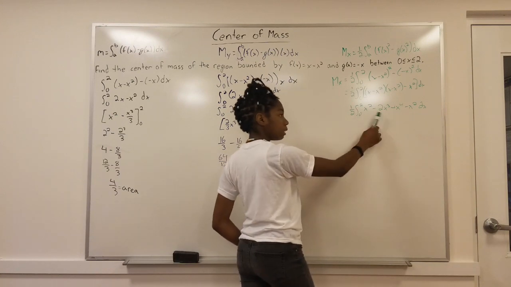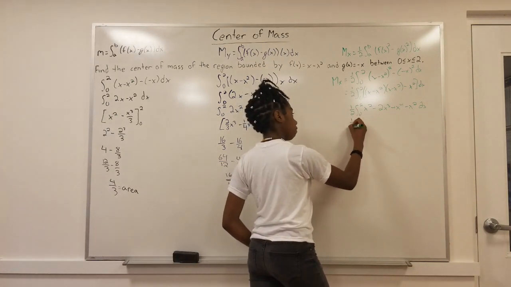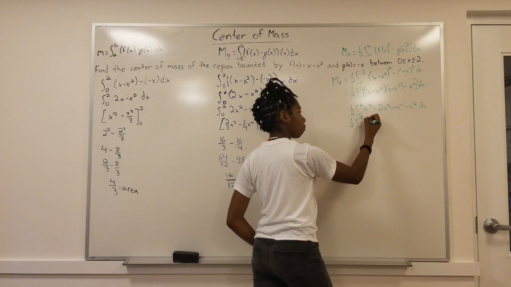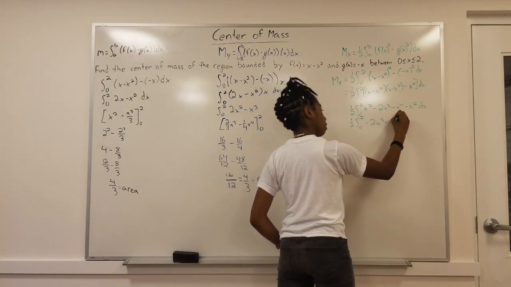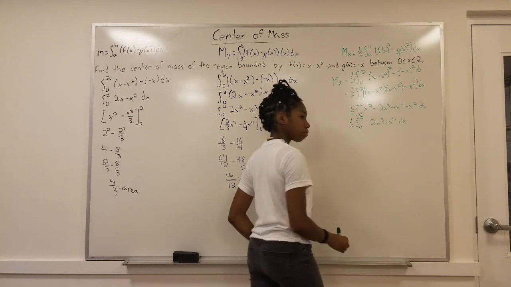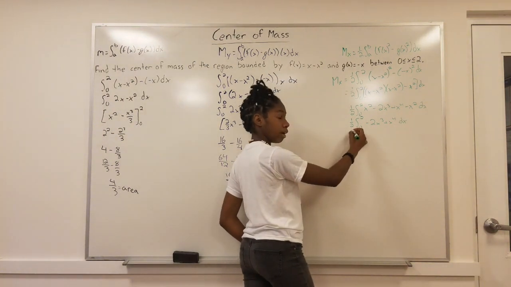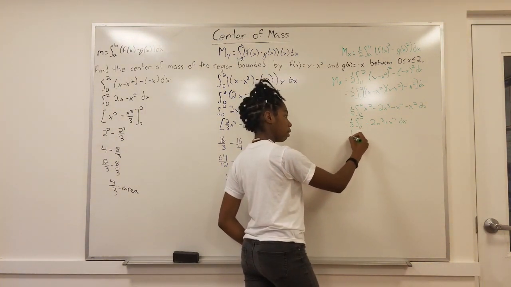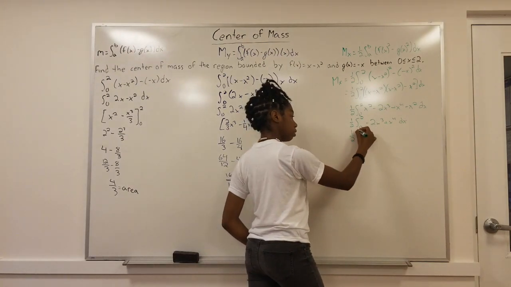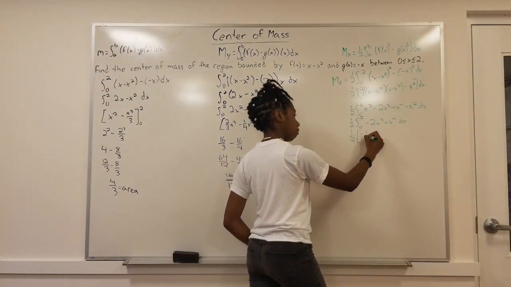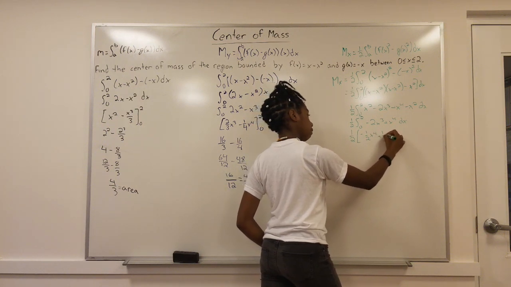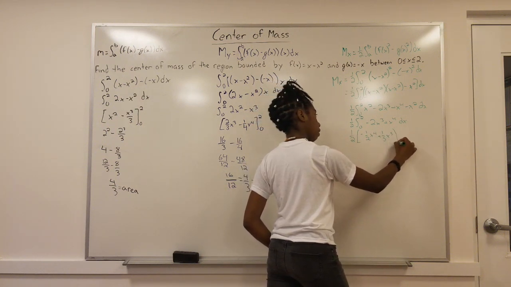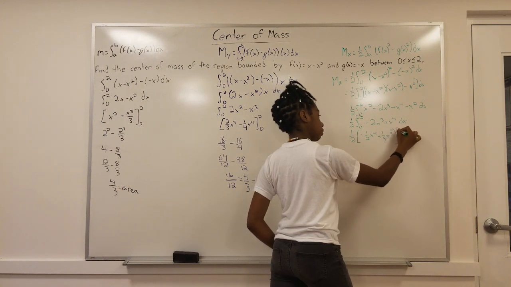So then, simplifying this, you get 1/2 the integral of 0 to 2 of negative 2x cubed plus x to the fourth dx. Then you integrate this, so you get negative 1/2 x to the fourth plus 1/5 x to the fifth, and then your limits of integration are 2 to 0.